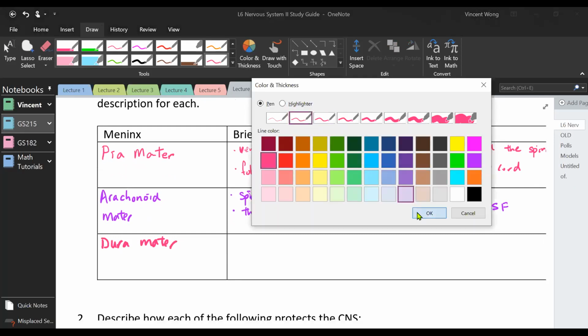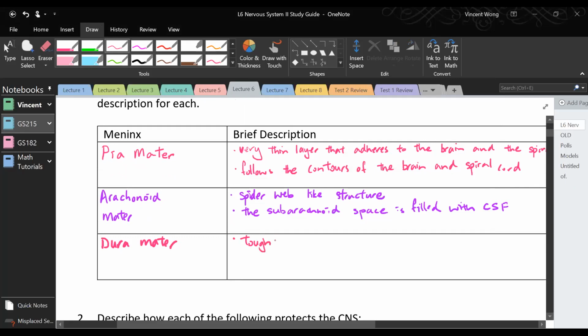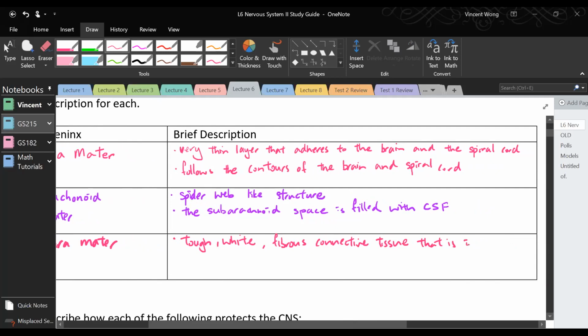The dura mater is very tough, white, fibrous connective tissue that is in direct contact with the cranium, which is the skull, and the vertebra, right? The backbone. All right.